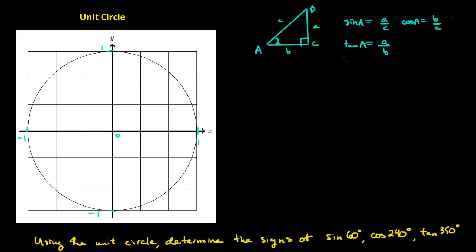So let's go ahead and we'll draw a regular angle in the unit circle, and let's say that I call this point here, the coordinate of this point, x, comma, y.